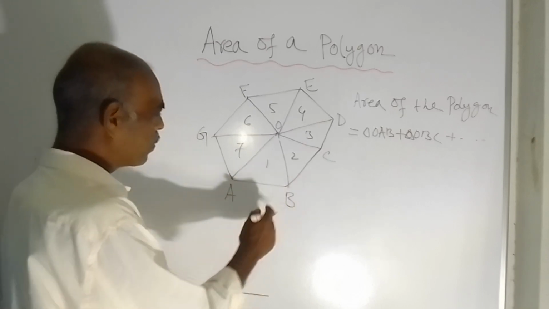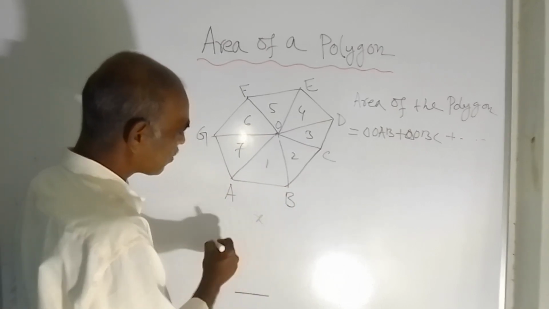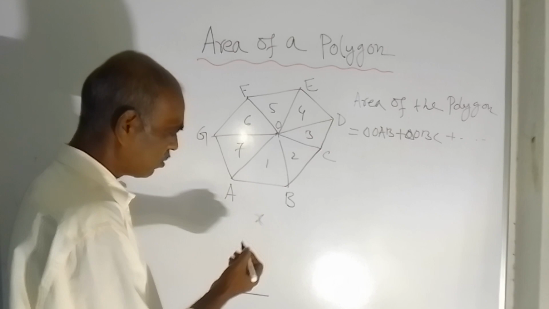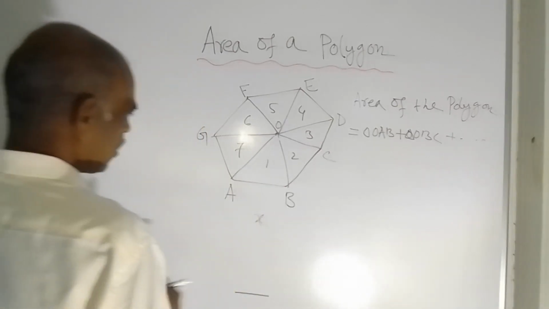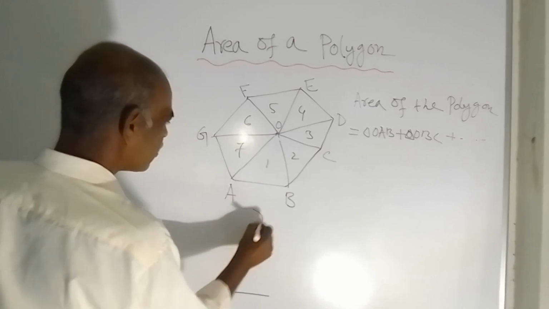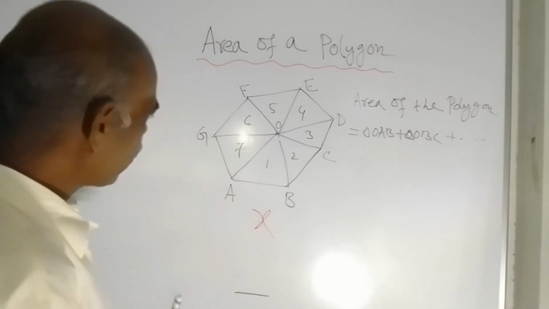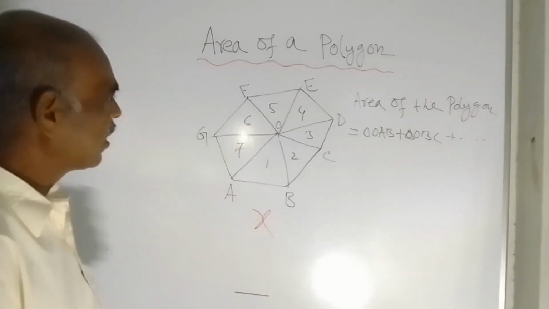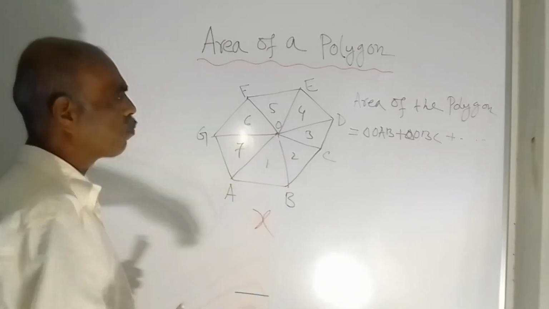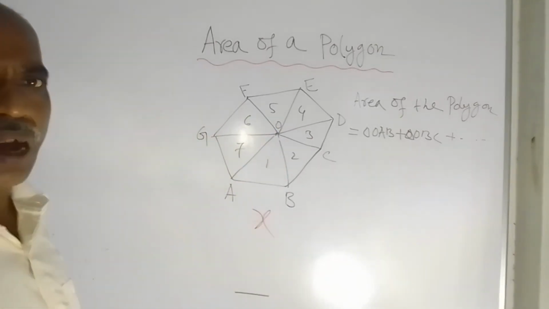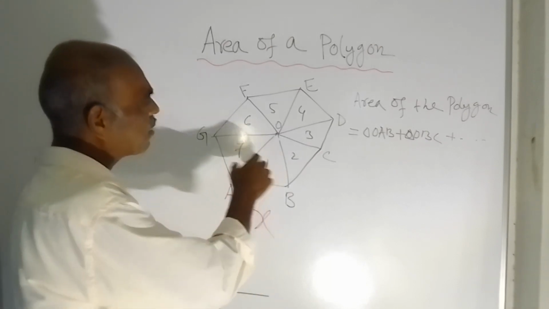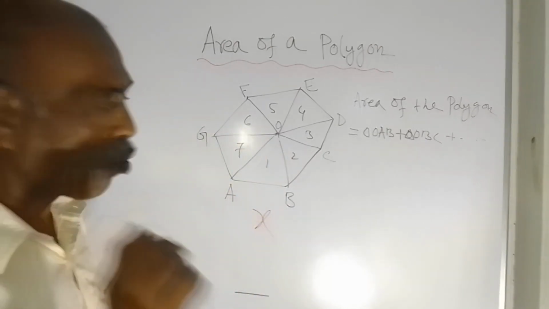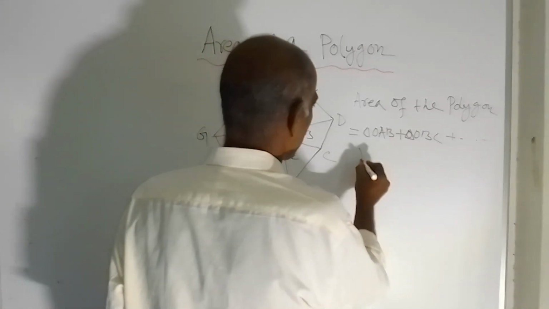Suppose this length AB is equal to x. Okay, the length AB is equal to x, and this is the centroid of the polygon, and all the triangles are similar. Therefore, say there are n number of triangles, small n.